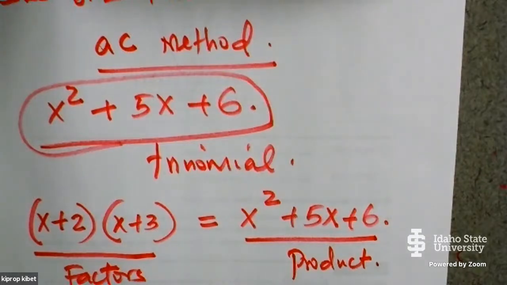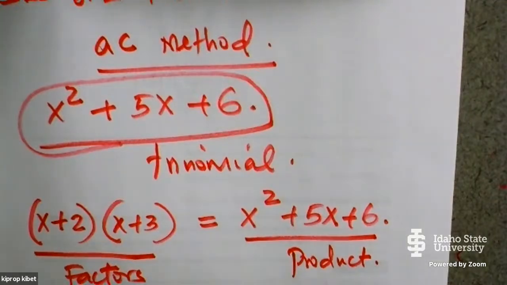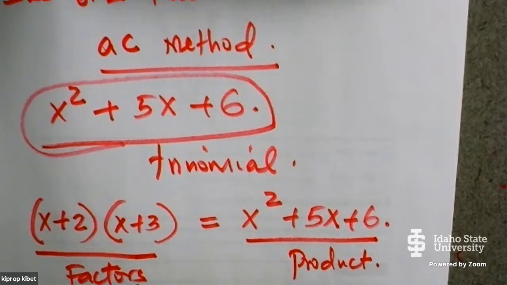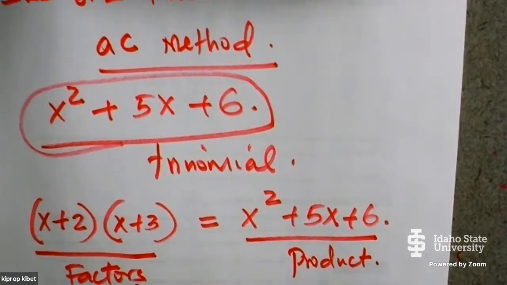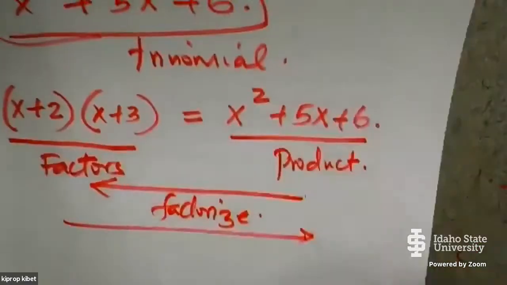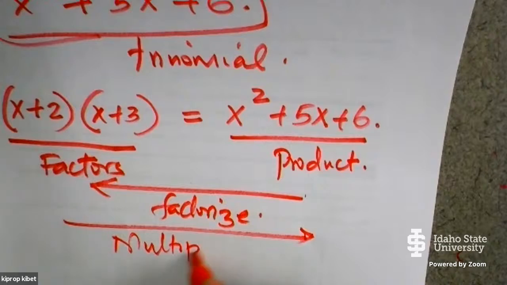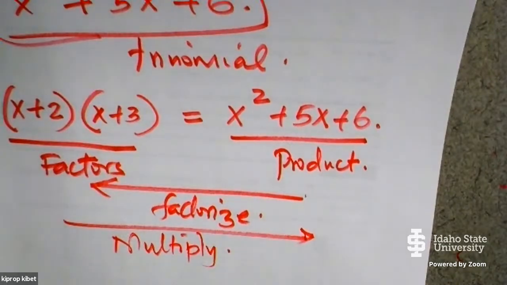How do we get the factors after being given the product, which is this one? When you go this way, you factorize it, and when you go this way, you multiply.